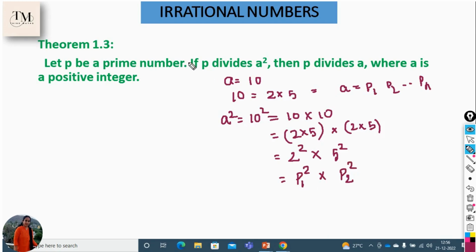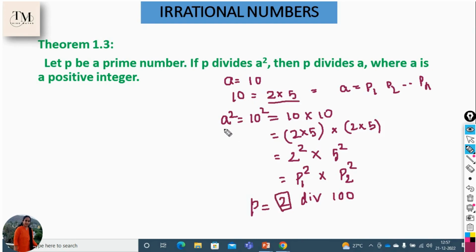So if p divides a square, I take one of the prime numbers, say 2. So 2 divides a square, that is 2 divides 100. The same 2 appears here.